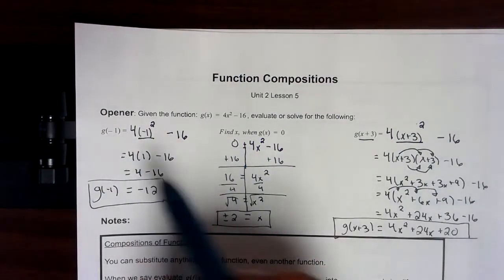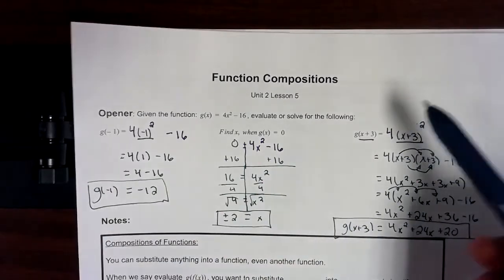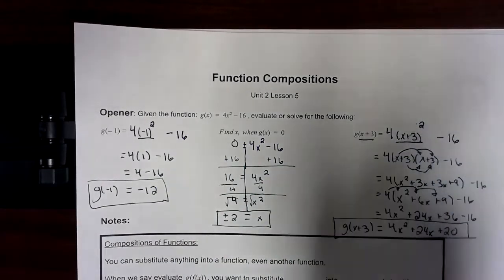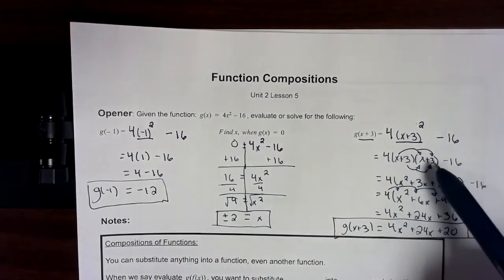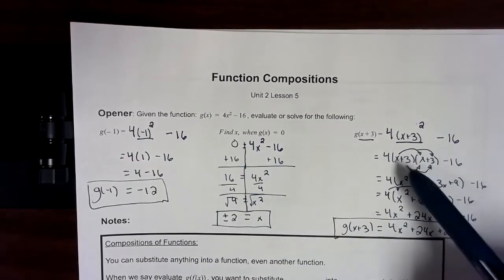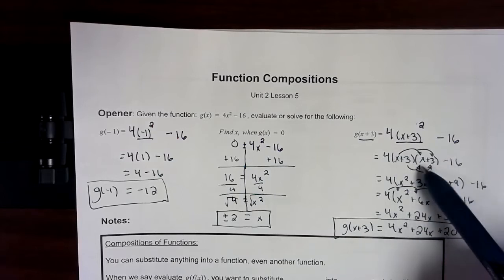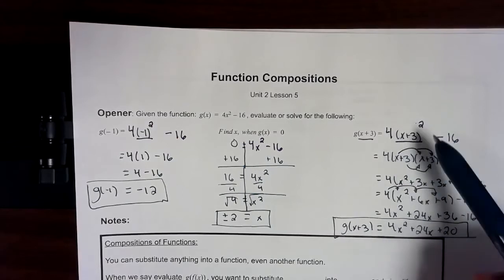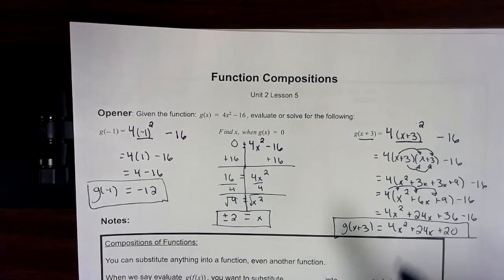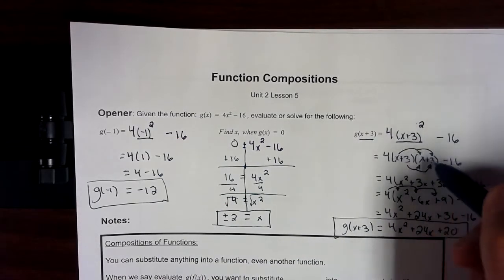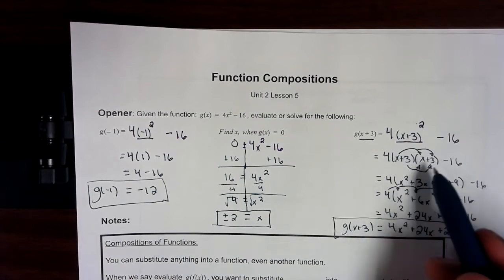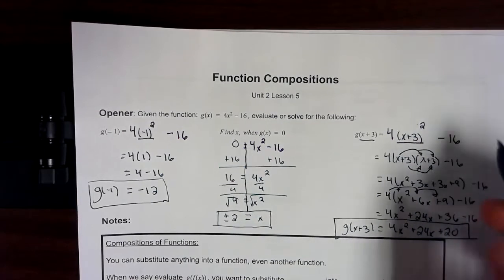Now, just like over here, order of operations matters. So when I go to simplify this, I need to square the x plus 3, which means to multiply x plus 3 by itself. I do want us to get in the habit of writing this out, because otherwise we try to take shortcuts and sometimes we make mistakes there. So x plus 3 times x plus 3, we need to distribute or FOIL. A lot of us have learned to FOIL this way using boxes.